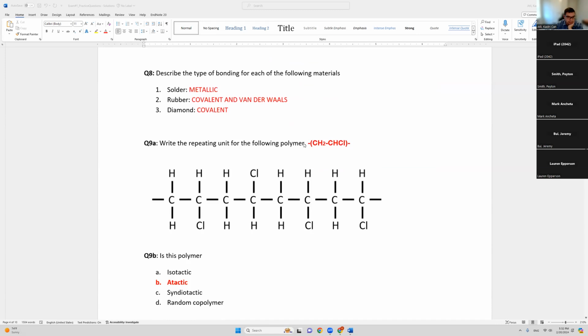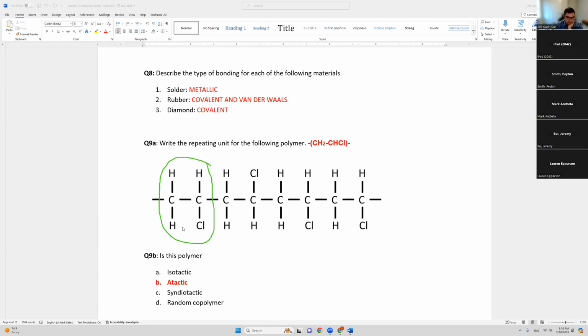Write the repeating unit for the following polymer. This is the repeating unit, CH2, CHCl, and this is the repeating unit, okay? So what kind of a polymer is this? It's an atactic polymer, which means these repeating R units, Cl, they are randomly located at each site, right?